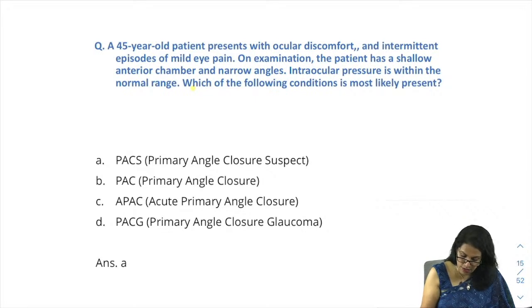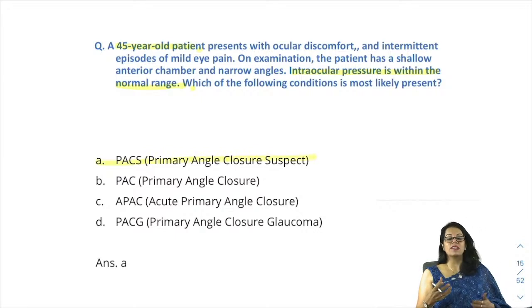A 45-year-old patient, okay, presents with ocular discomfort and intermittent episodes of mild eye pain. On examination, the patient has a shallow anterior chamber and narrow angles. Okay. Intraocular pressure is within normal range. So when intraocular pressures are still within normal range, okay, and there are intermittent episodes, we are talking about this.